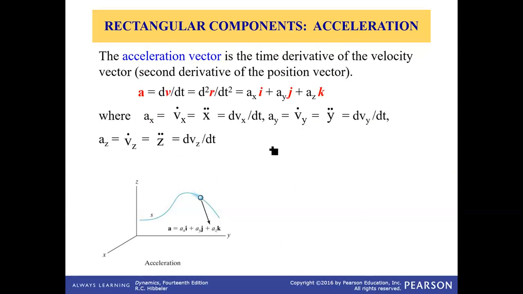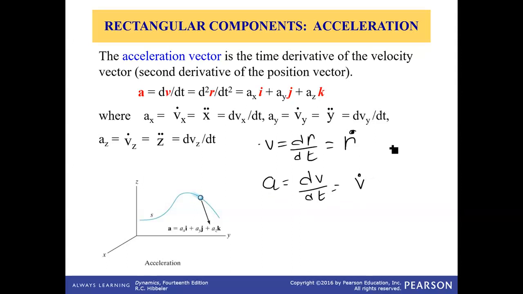Now at this point, I would like to introduce a different notation. We know that velocity is the derivative of position, dr by dt. Oftentimes we write this as r dot. So r with one dot indicates one derivative relative to time. Similar to that, acceleration can be written as dv by dt, or it can also be written as v dot.